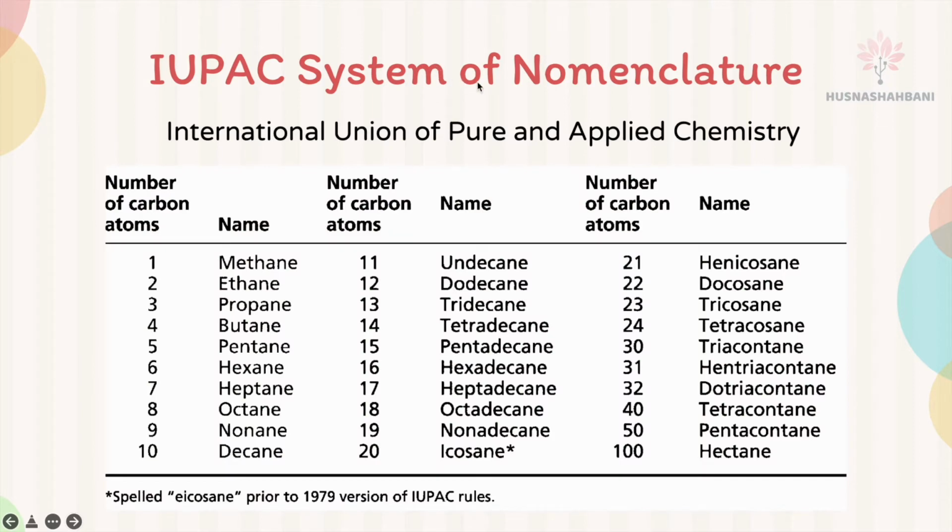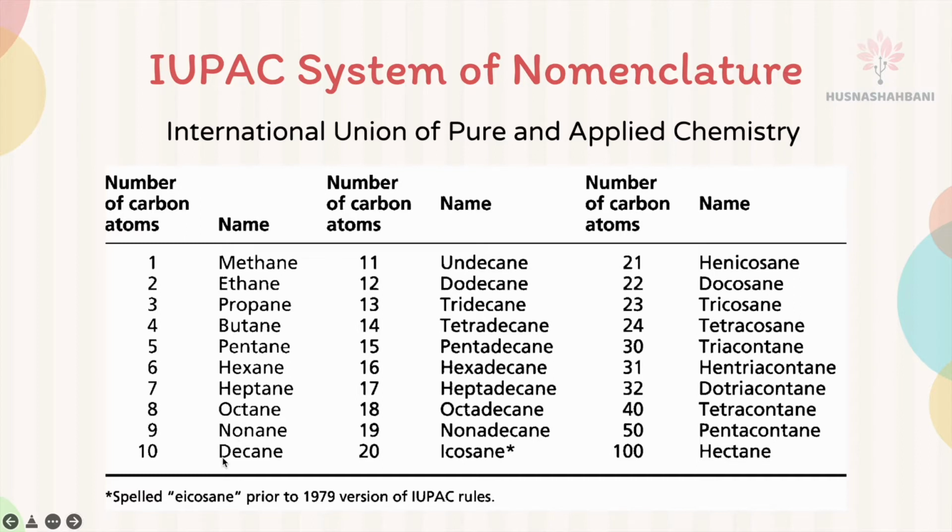IUPAC system of nomenclature. IUPAC means International Union of Pure and Applied Chemistry. When the number of carbon atoms of the alkane compound is 1, the name of the alkane is methane. Carbon atoms 2, ethane; 3, propane; 4, butane; 5, pentane, and so on.